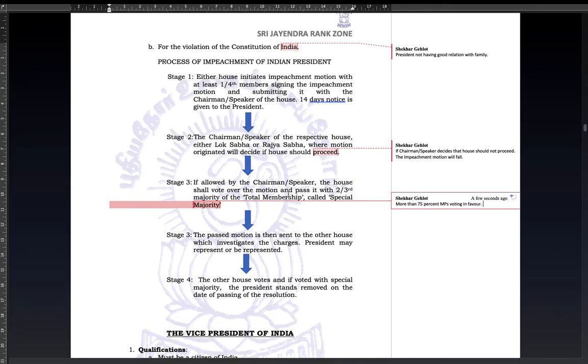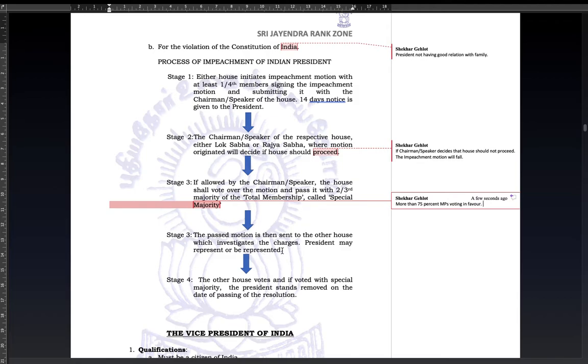Okay, suppose the Rajya Sabha passes it with special majority, then it will go to the Lok Sabha, or Rajya Sabha as per the case may be. Then this house will investigate the charges, and the president may represent himself here in the second house, or he may be represented by his chosen person.